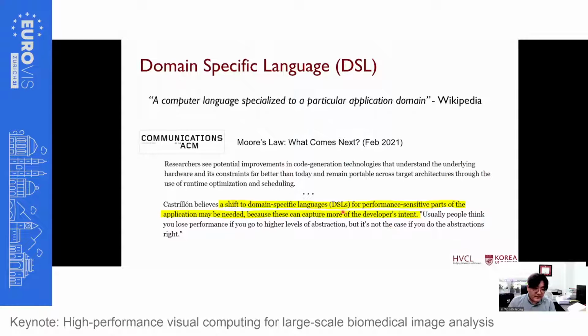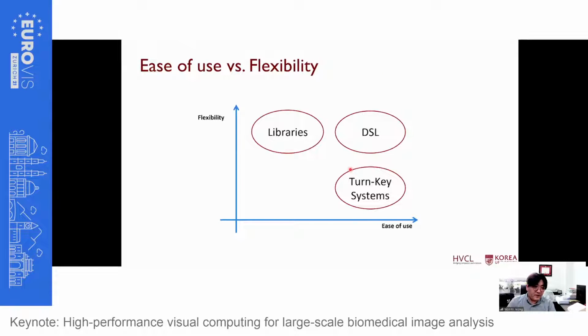So domain-specific language is the way to go, which means a domain-specific language for some performance-sensitive parts of the application is actually good. It's not slow, but actually fast, because a domain-specific language can handle those very specific tasks much better than a general purpose language. So that was the article's point of view.